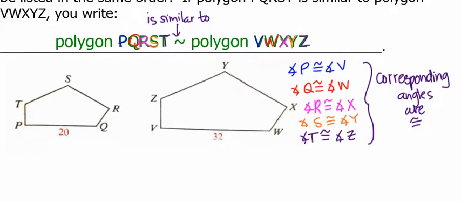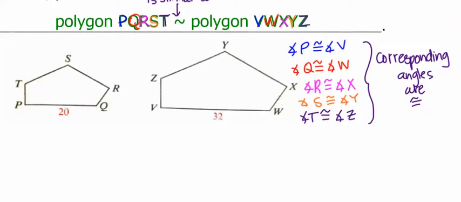And then the second part of the definition is that their corresponding sides are going to be proportional. So we have PQ, P is the first, Q is the second, is going to correspond to the first and second letters listed in its similar polygon.